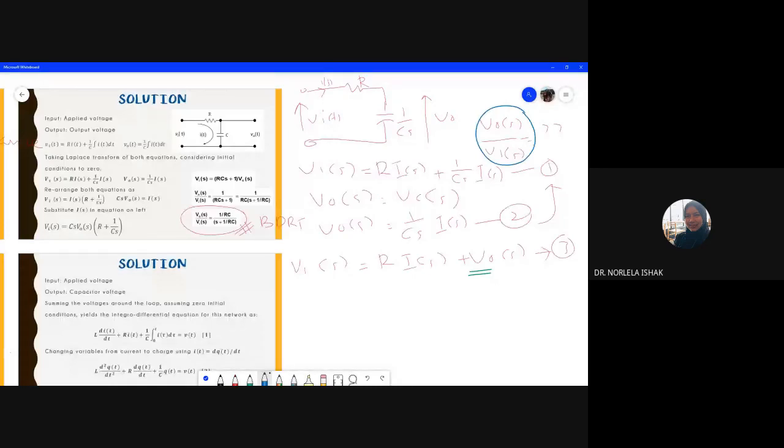Okay, this is your input, Vi. So now we already have our input here, Vi, and we have our output V naught here, based on equation number 3.